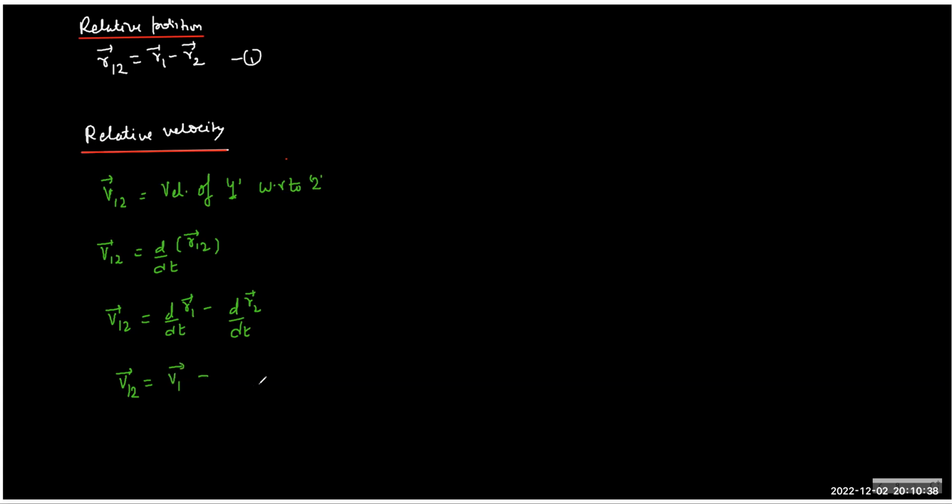Can you call it V1? Yes, sir. And d by dt of R2 will represent V2. So V1 and V2 are the ground frame velocities of particle 1 and particle 2.